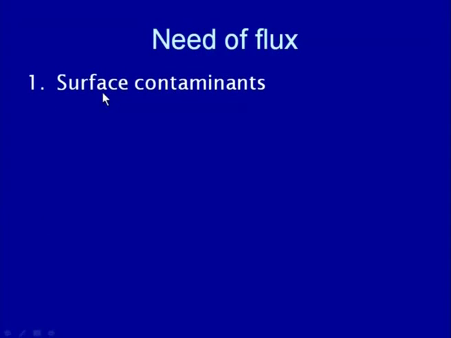Fluxes are used in order to have various favorable effects. Surface contaminants, various impurities, and undesirable contents can be present on the surface. In order to remove them, the fluxes are used, as they dissolve the impurities present on the surface and make it clean.